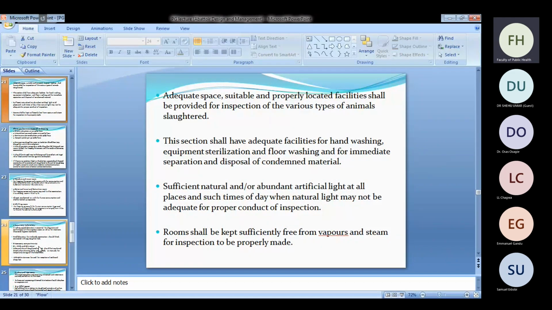This space should be a suitable and properly located facility that will be provided for inspection of various types of animals slaughtered. This station shall have adequate facility for hand washing, equipment sterilization, floor washing, and for immediate separation and disposal of condemned materials.